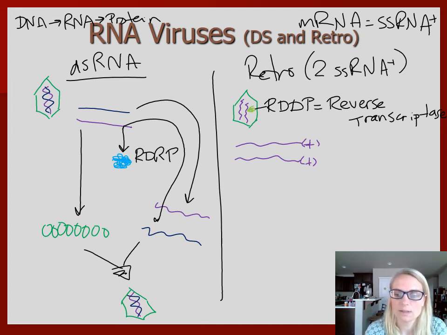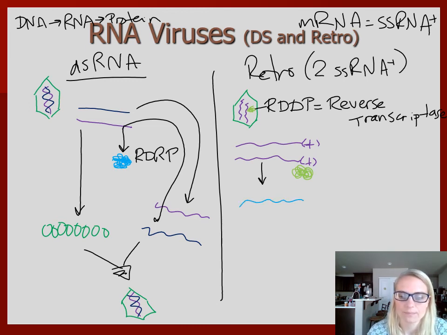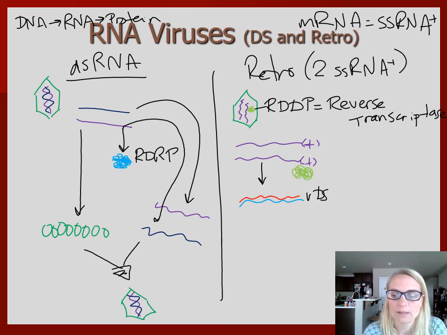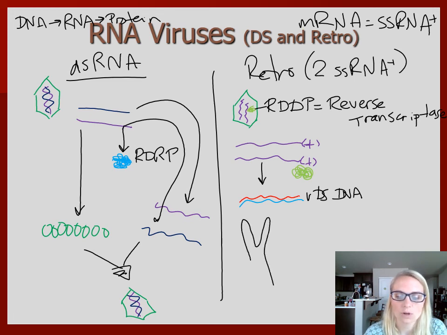It uses your RNA-dependent DNA polymerase to actually make our double-stranded DNA, right? That's what we started with a couple slides ago, our red and our blue. So this is now viral double-stranded DNA. And what does it do with this double-stranded DNA? Well, it's going to incorporate it into a host chromosome.